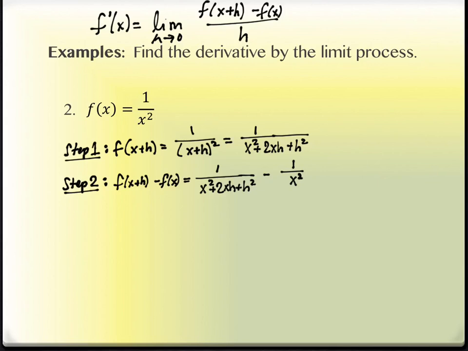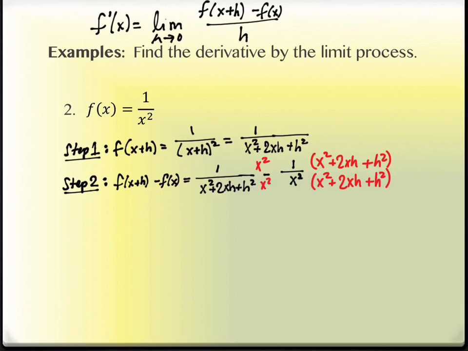So the first denominator gets multiplied by x squared, and the second denominator gets multiplied by x squared plus 2xh plus h squared. And also, you'll remember from fractions, whatever you do to the denominator, you must also do to the numerator. Okay, so this is the algebra that we're going to be doing on this one.